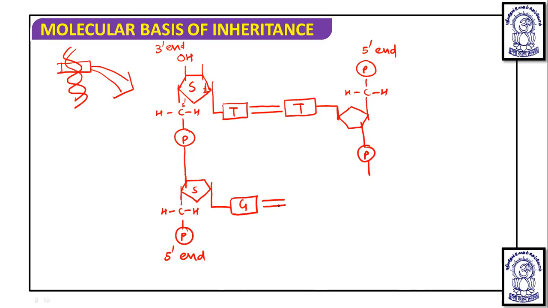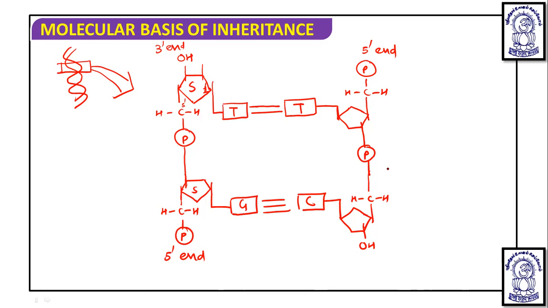Here this guanine with 3 hydrogen bond is attached to cytosine. And here in cytosine you will see that sugar is linked like this to the first carbon. And at this third, the OH group is free. Now here you will see that this fifth carbon is attached to the phosphate.